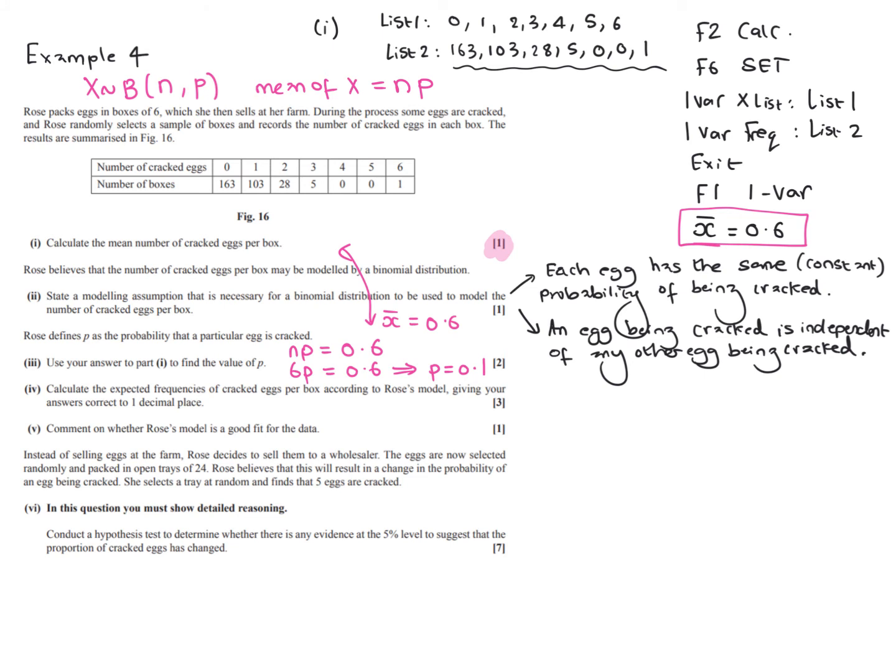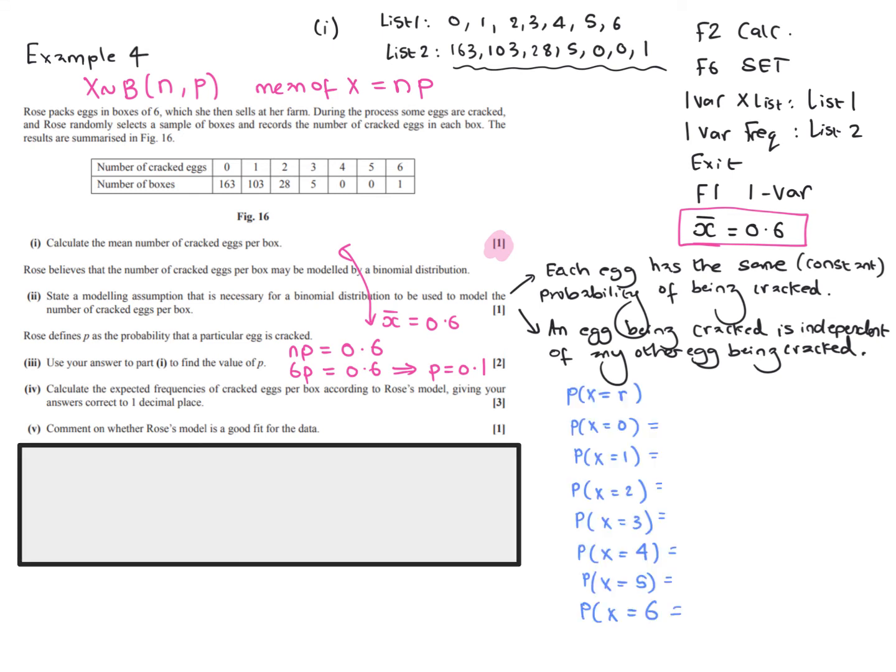So part 4, calculate the expected frequencies of cracked eggs per box according to Rosa's model, giving your answers correct to 1 decimal place. So let's work out the probability of each of the numbers of cracked eggs. So how can I work out all of these probabilities very simply without having to do 7 calculations? So I'm going into run mode, which is mode number 1, and I'm going to choose the button that says option on the calculator, OPTN.